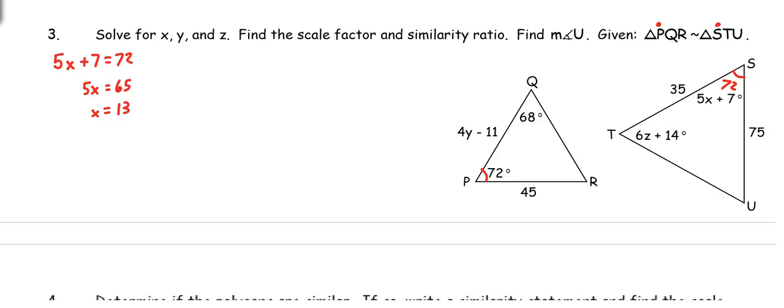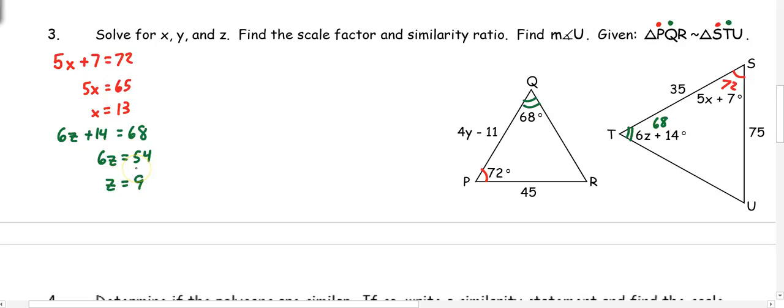Then the other angle that has a measure is Q, and Q is the second letter, so it corresponds with angle T. So angle T is 68 degrees, so we can use that to solve for Z. So we have 6Z plus 14 equals 68. I can subtract 14 from both sides, so 6Z equals 54. Divide by 6, and Z is 9.